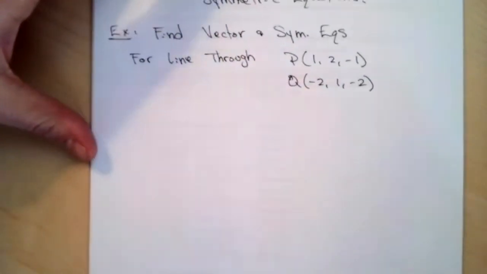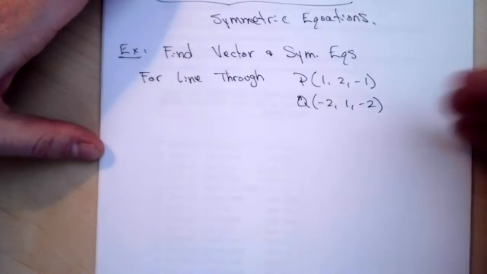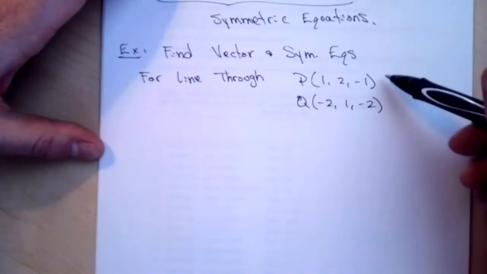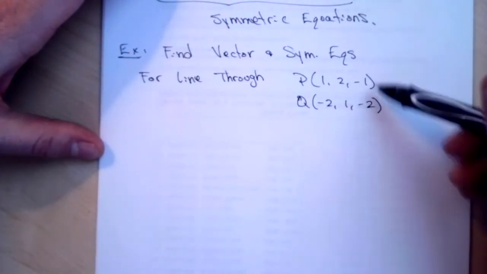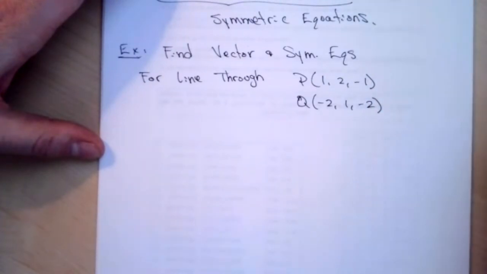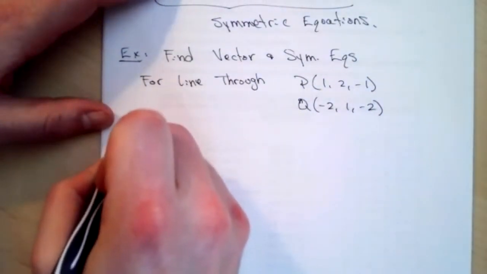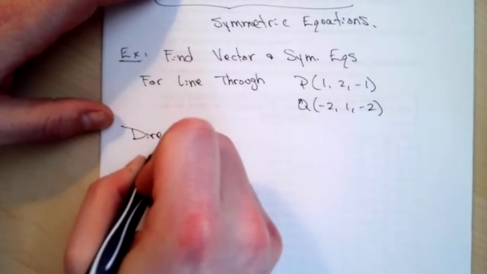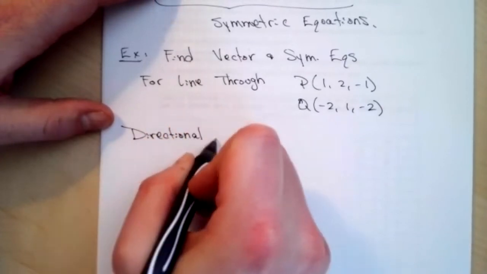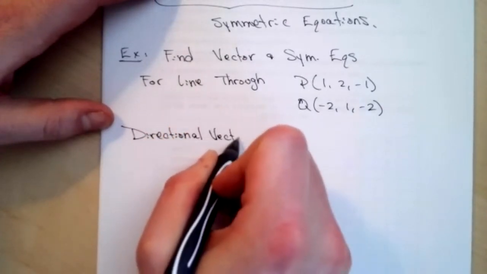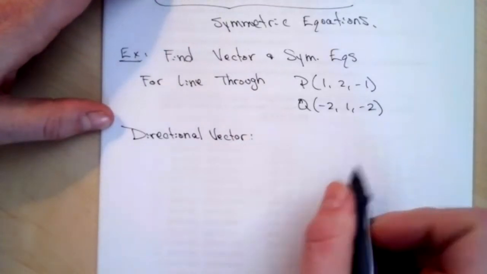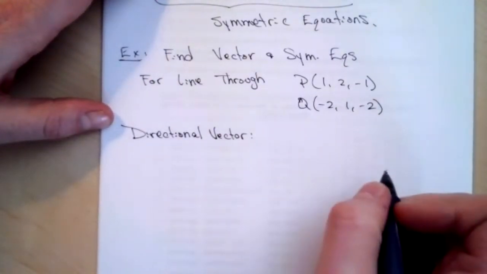So vector equations, what do we need? We need a point and we need a direction. So we have our point. We could choose either starting point we want, and then how do we find our direction? Well, if we want to find our directional vector, we simply take the difference between the 2 points.